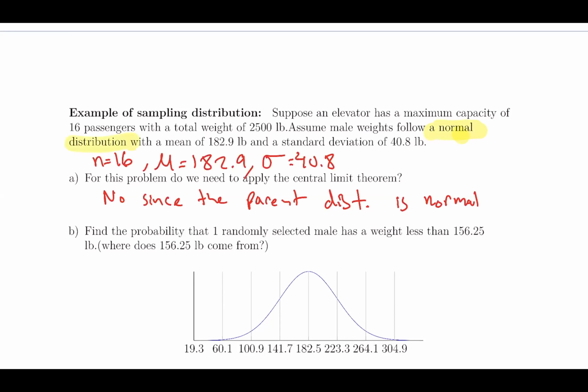All right, good job. So no, we don't need to use this since the parent distribution is normal. We only use the central limit theorem when the parent distribution is not normal. But if we already know it's normal, we can tell it is normal. So why bother? All right, so let's do B.